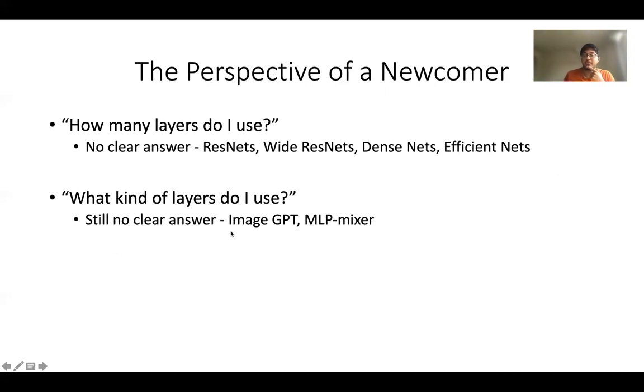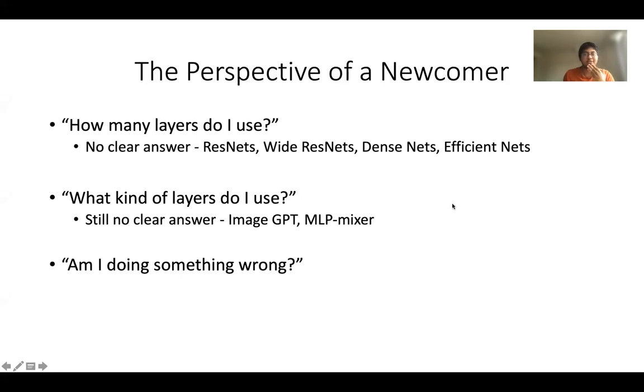I think there's still no clear answer, and two prominent examples that came to mind recently are these papers by OpenAI and Google, where you have full transformer models that do amazing at image classification. And similarly, you have these all fully connected networks that do incredible at image classification as well. So I think there's some fundamentals that are still missing here.